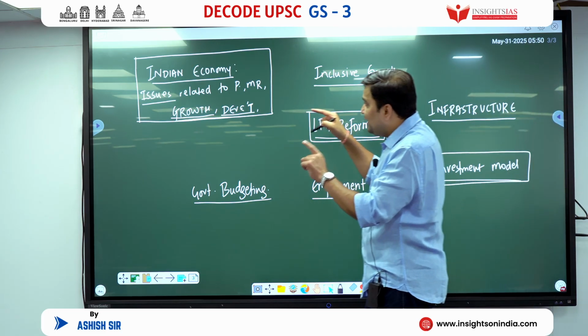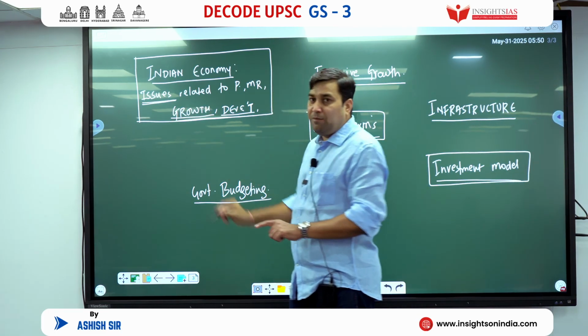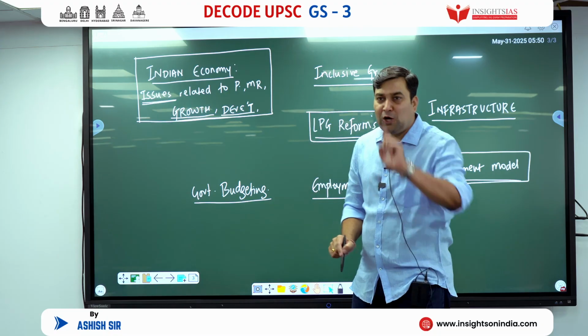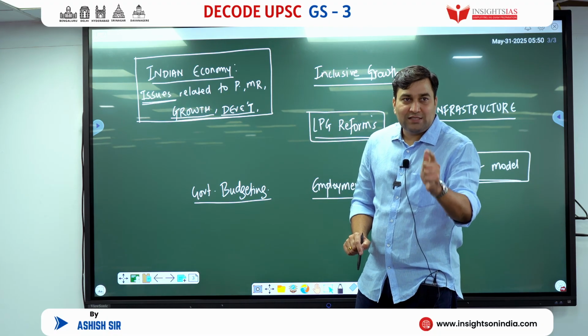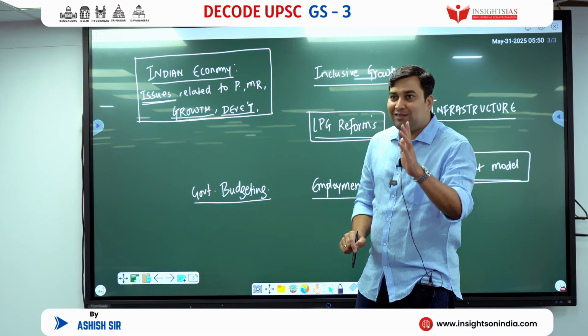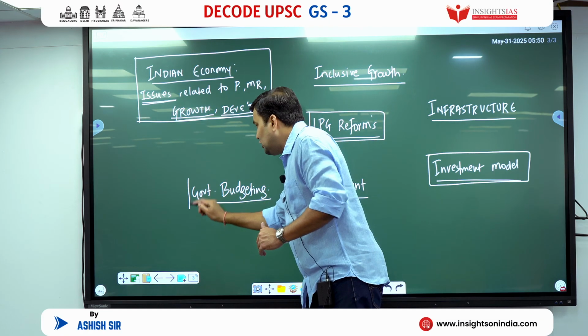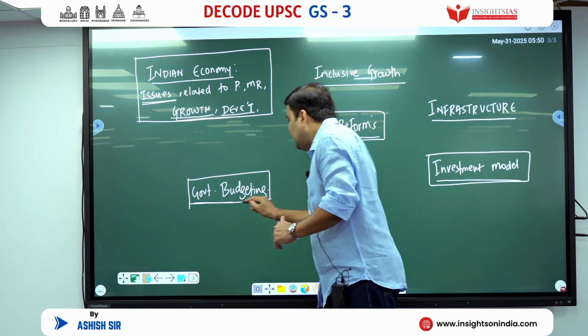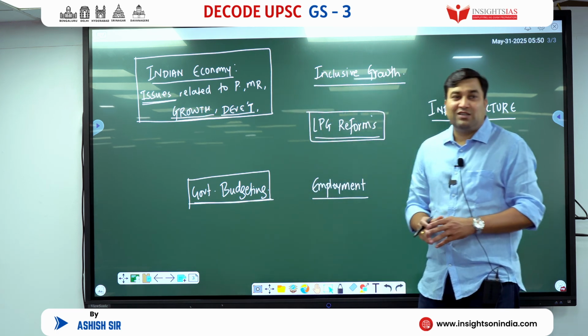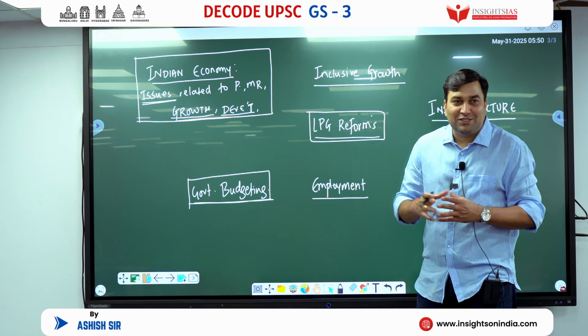Is it clear? Now, in Indian economy, if you take the various sectors of the economy, primary, secondary, tertiary, or if you try to understand government budgeting of India, how center and state finances are linked to each other.